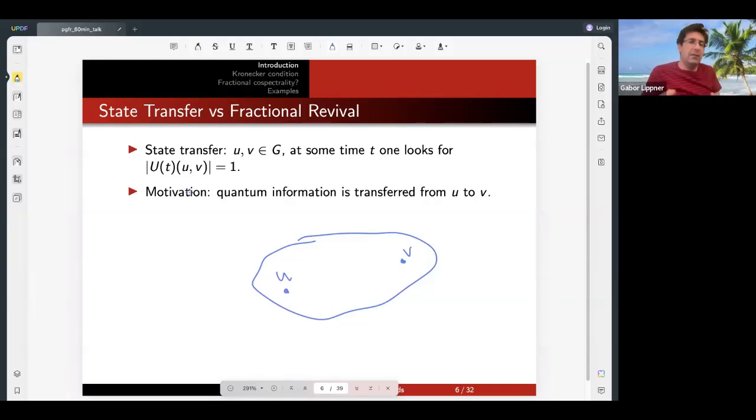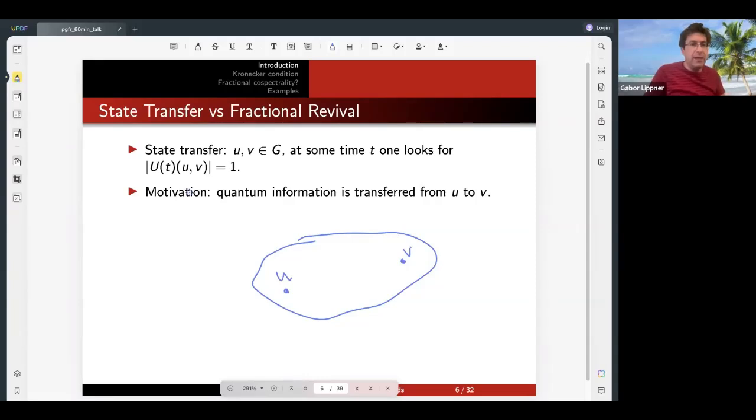And sort of the physical motivation for this state transfer, again, is it started out as a tool to move quantum information from point A to point B, or in this case, point U to point V, where this is really a physical object, this graph.